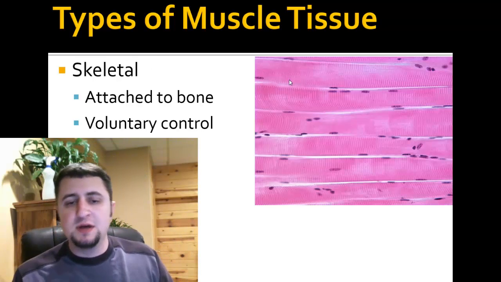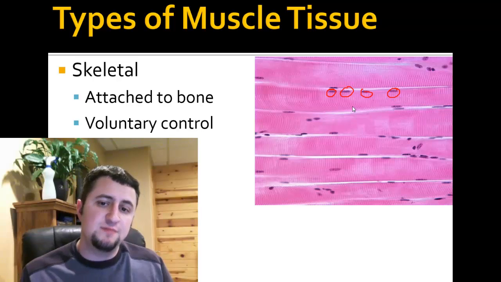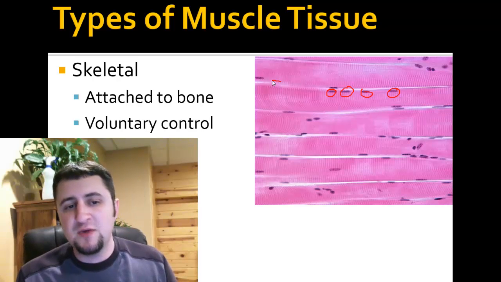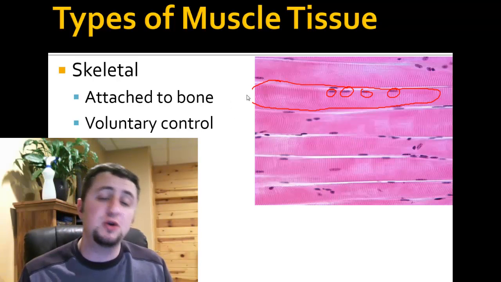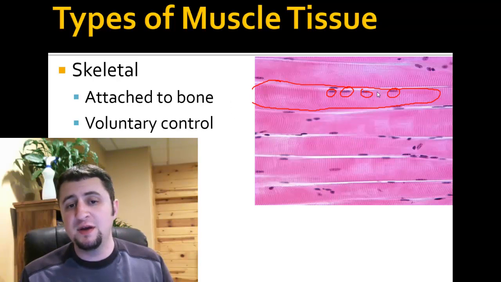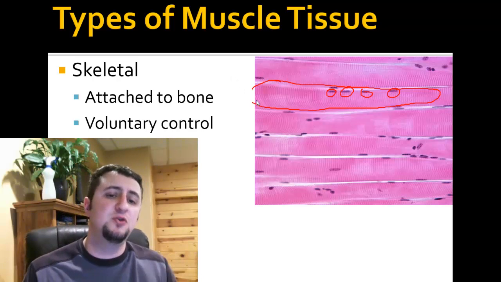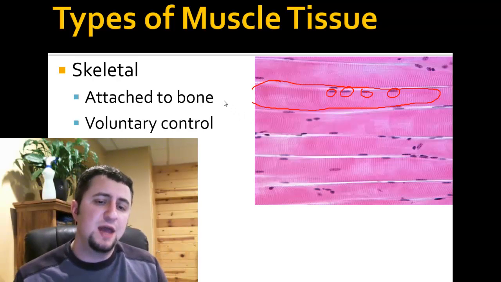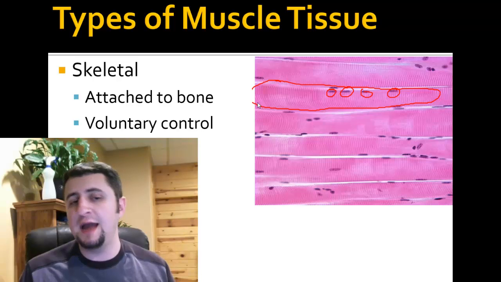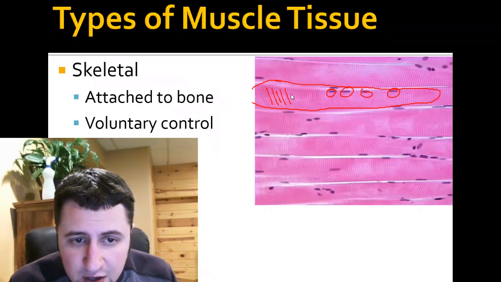The thing about skeletal muscle is that you see over here all of these darker looking areas. This right here is one single cell, and actually it contains many nuclei. Each one of those darker areas is a nucleus. I don't know if you can actually see this on your end, it might be hard unless you have a high definition TV, but there are these little stripes in here.